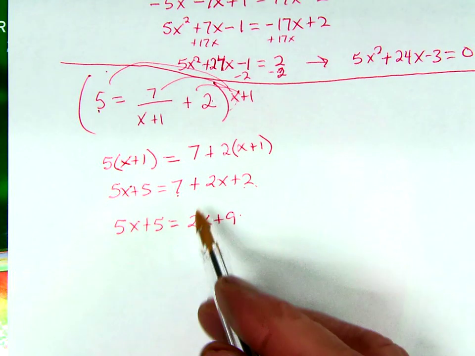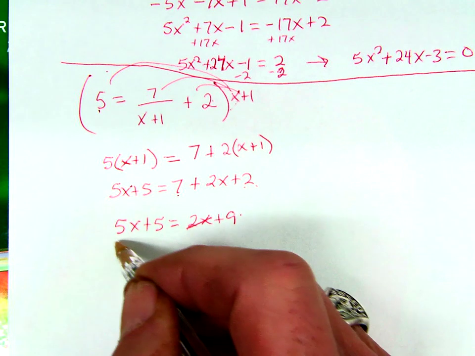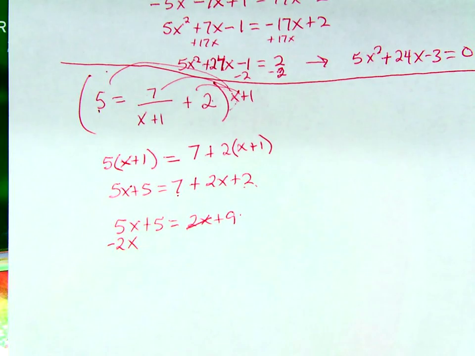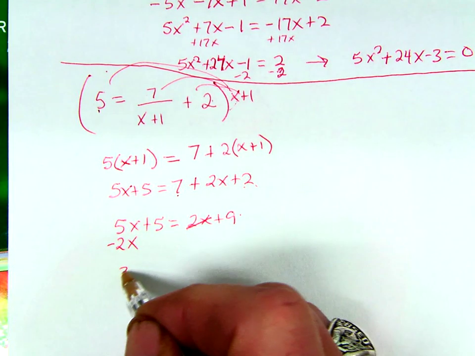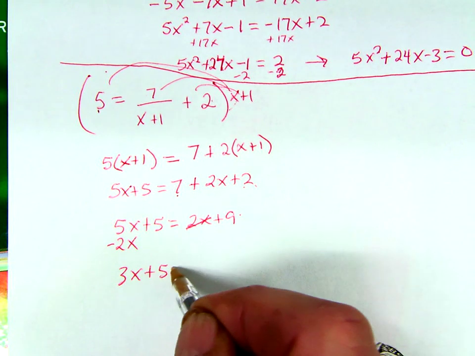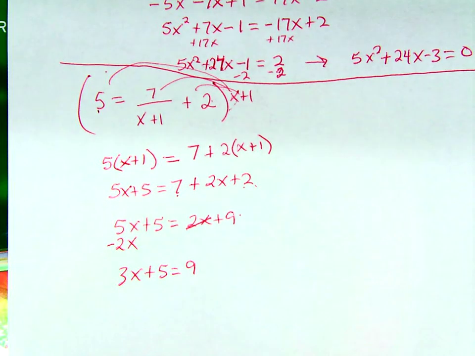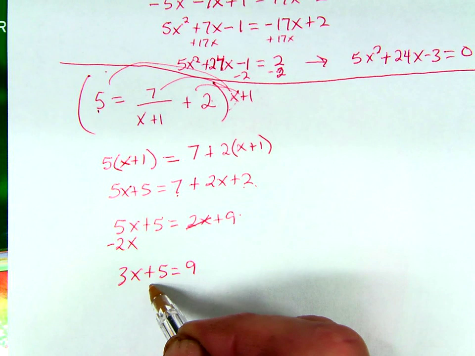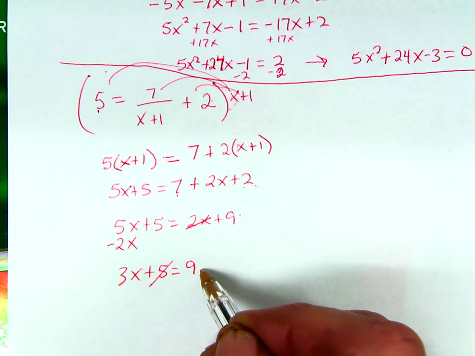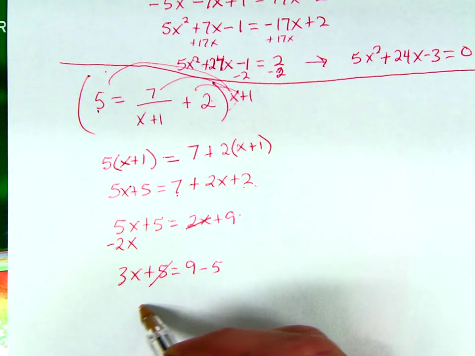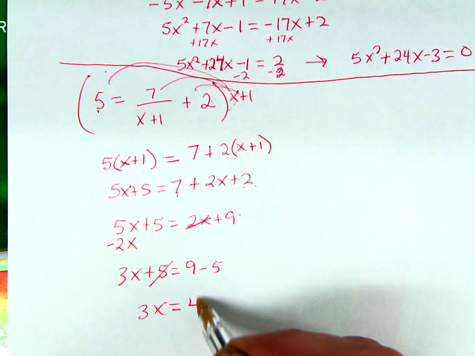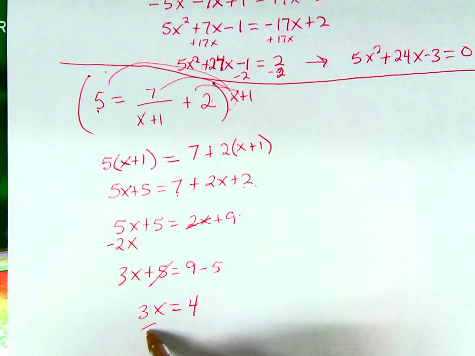Here's the most x's. So move these over here. 3x plus 5 equals 9. Move everything else to the other side, so move that 5. 3x equals 4. Divide both sides by the number in front of x. X equals 4/3.